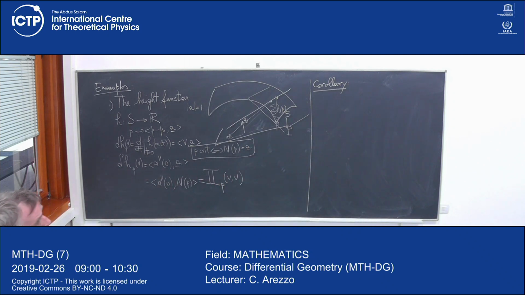Under our usual conventions, H is the mean curvature, K is the Gauss curvature, and so on.